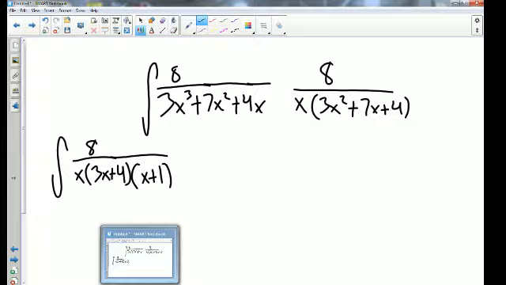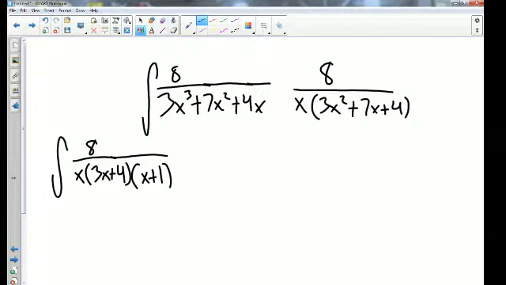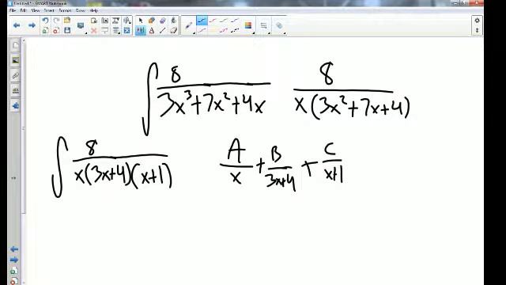Once you have that part, since we have 3 different factors, these will be 3 different partial fractions, so we'll have A over x plus B over 3x plus 4 plus C over x plus 1. Then we do the same exact thing that we did last time. We have to find the common denominator.